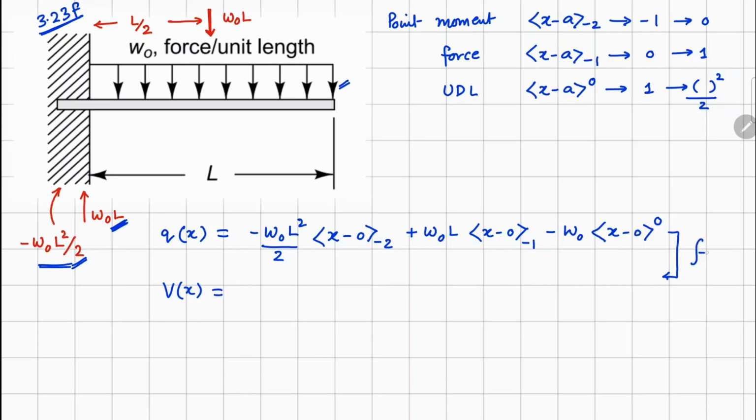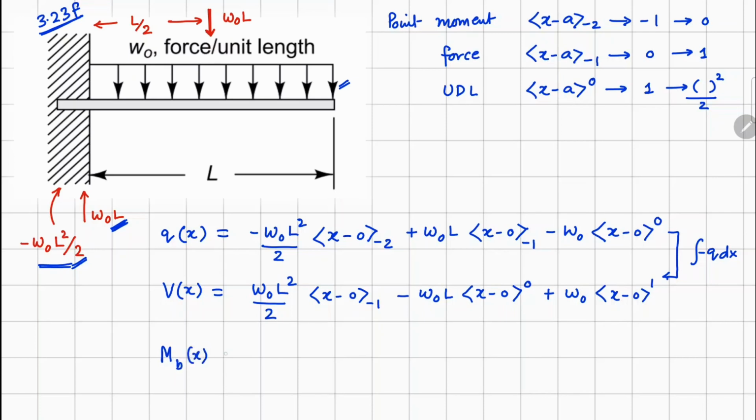So I can integrate this to get the shear force V(x). So basically minus of q dx will give us the shear force. So we can flip the sign, and x minus 0 to the power minus 2 will become minus 1. Again change the sign here, x minus 0 to the power minus 1 will become 0, plus W naught x minus 0, power will become 1.